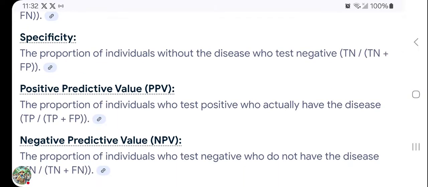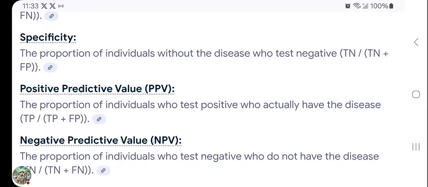Now talk about positive predictive value. It is the proportion of individuals who test positive who actually have the disease. This is the first row.